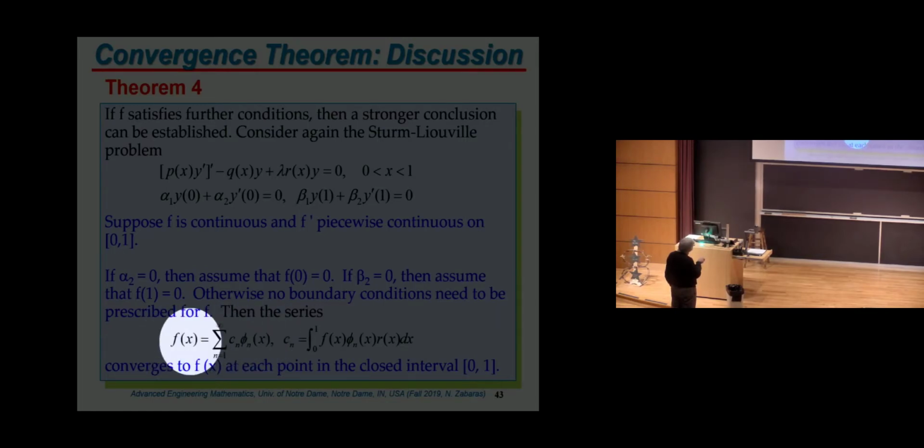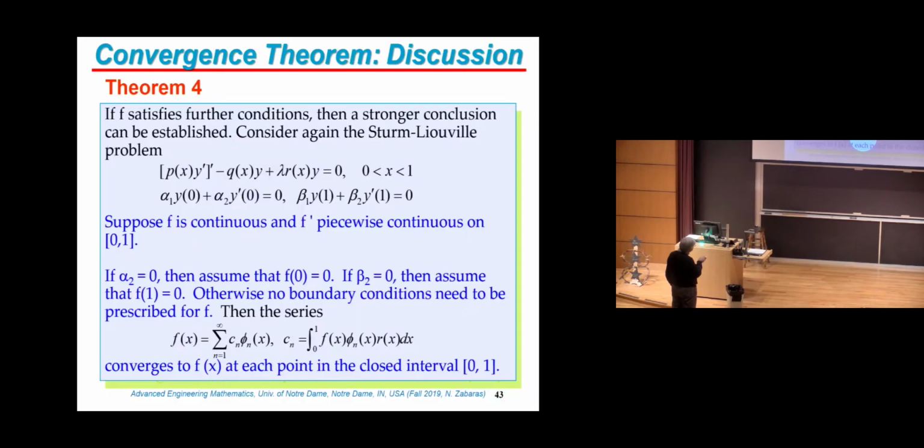But again, if you have essential boundary conditions, if you specify the value of y, then all the phi n's will be satisfying that value, so f of x has to satisfy the same value as phi n of x, okay? So if phi is 0, f has to be 0 for this expansion to make a lot of sense.